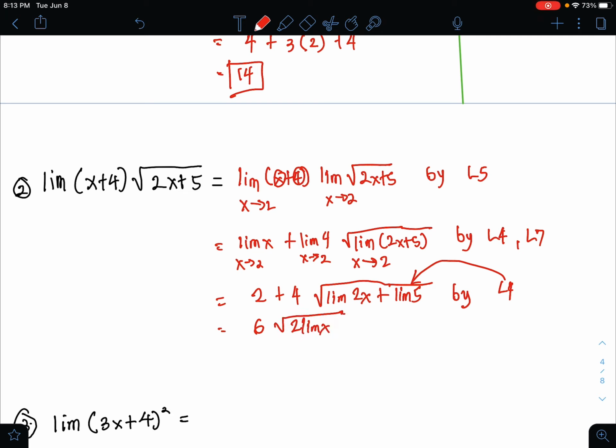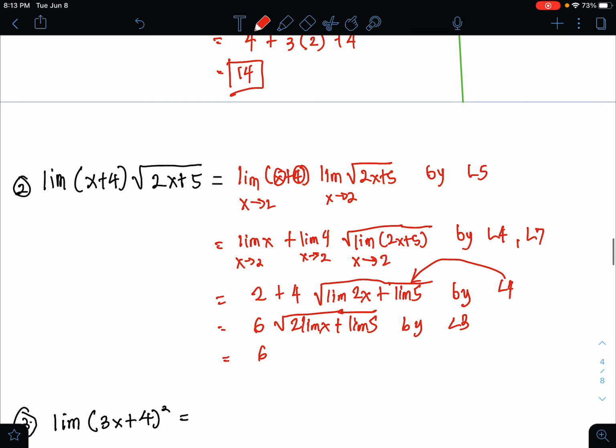Very complicated when done one by one. But, yeah, this is for your own good. So, by L3, separate the 2x. Then, limit of x. Therefore, you will have, sorry, a 6 times the square root of 2. Then, as x approaches 2, we forgot to write it, we should not forget that.